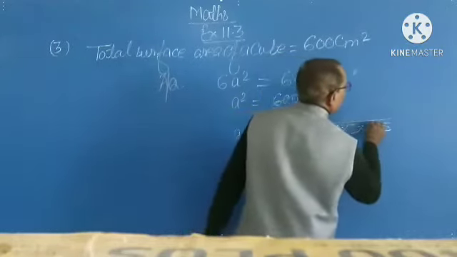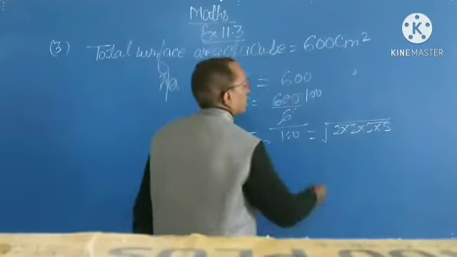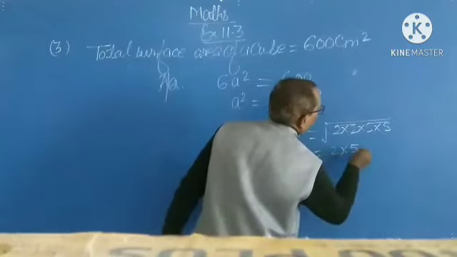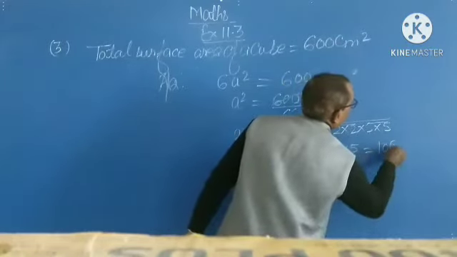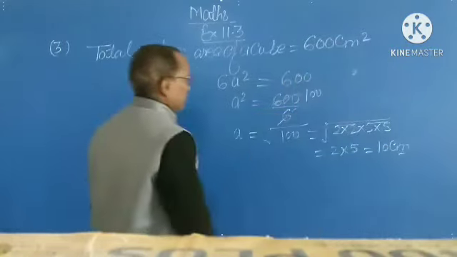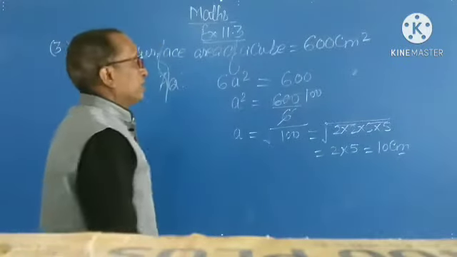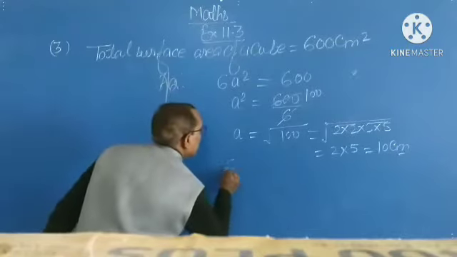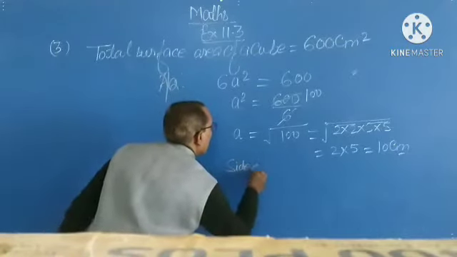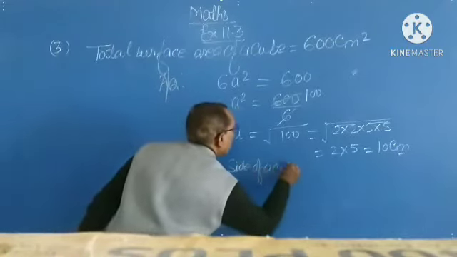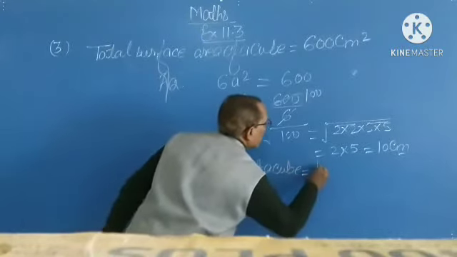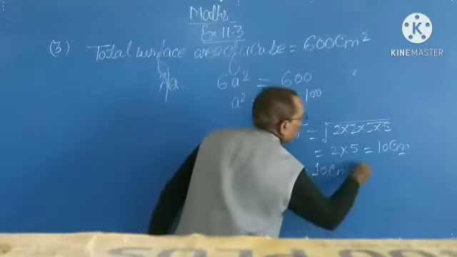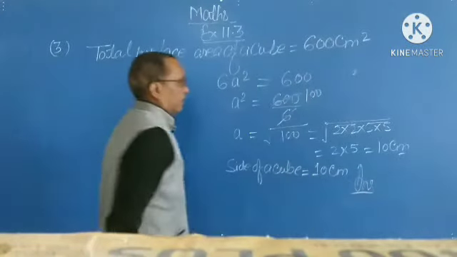When you make a pair, you get 2 into 5, that is 10 centimeter. A means side of the cube. You write down side of a cube is equal to 10 centimeter. It is your answer.